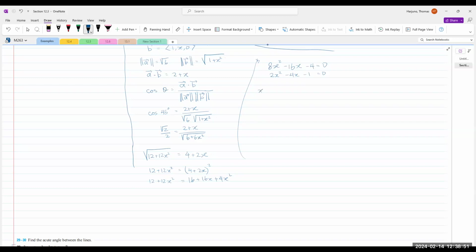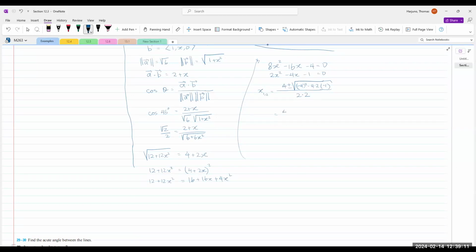So x1,2 will be negative b plus minus square root of b squared minus 4ac over 2a.